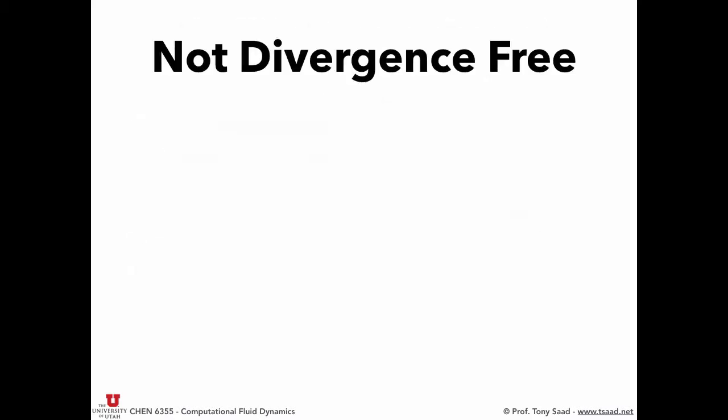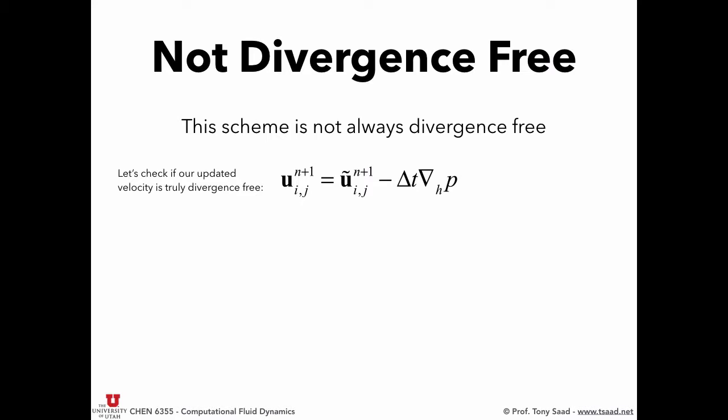First, let's start with the elephant in the room. It's not divergence free because we just kind of saw how that it's actually not. Div u n plus 1 should be divergence free, at least to the grid definition that we use for divergence and gradient, right? Okay, so it's not divergence free. So let's check if our updated velocity is truly divergence free.